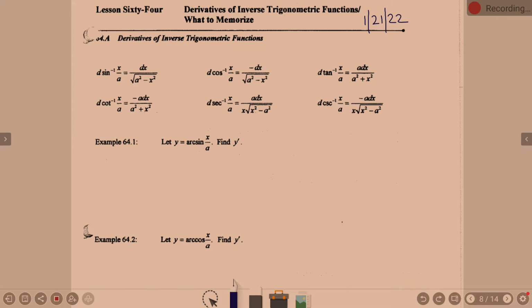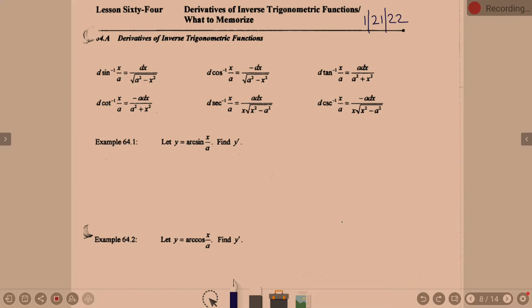Okay, so as we look at these derivatives of inverse functions, this is saying the derivative of sine inverse of x over a, where a is some constant. Okay, a represents a number. That could be a 1 if it's just sine inverse of x, or obviously there could be a number there.